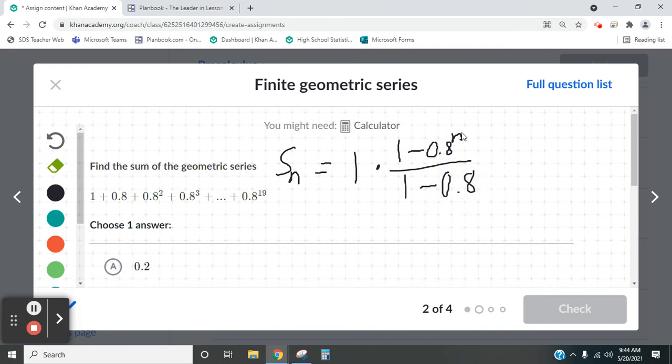How many terms are there? This is something I want you to think before you say it out loud. Oh, dang it. Try again. So think about this. If this is 19, this is 1, right? So 1, 2, 3, 4, up to 19. How many total terms, though? 20.